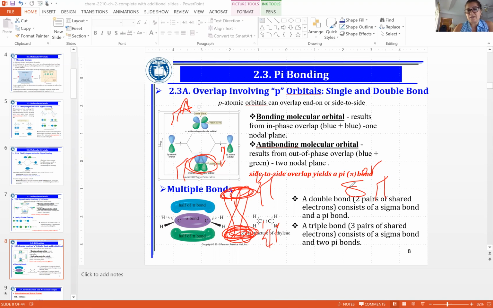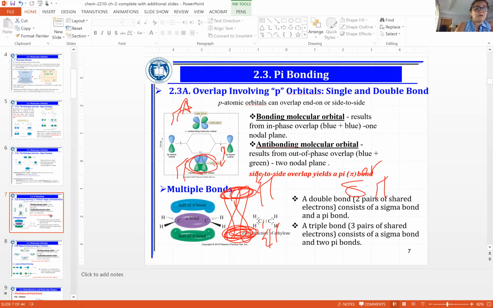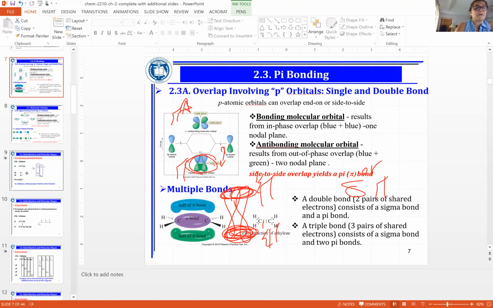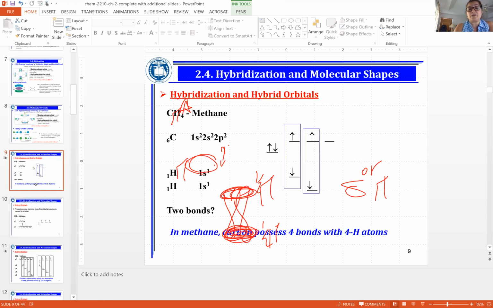So we know the terms sigma and pi bond. What about single bond and double bond? A single bond would always be a sigma bond. A double bond is going to be 1 sigma and 1 pi bond.